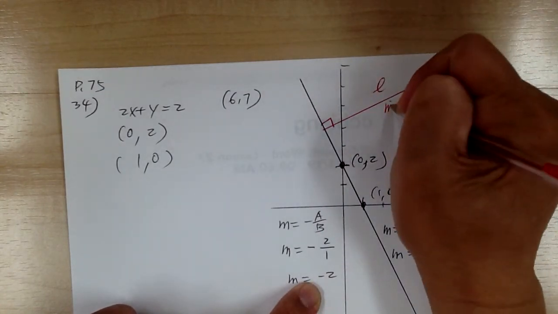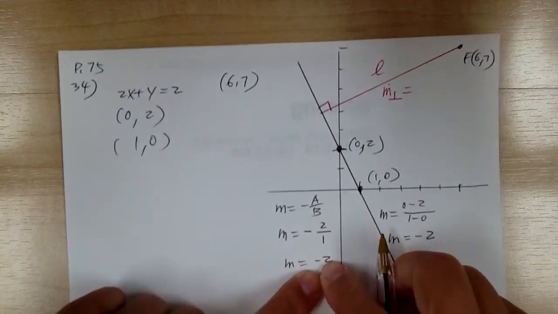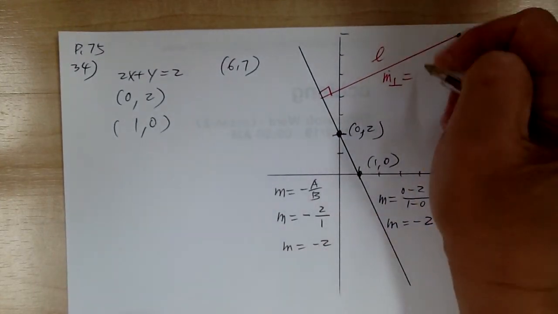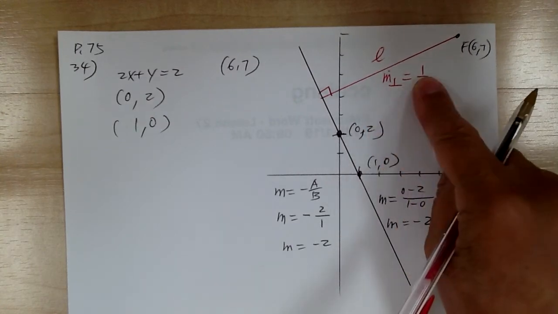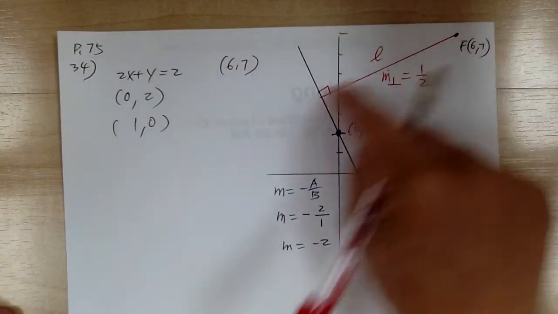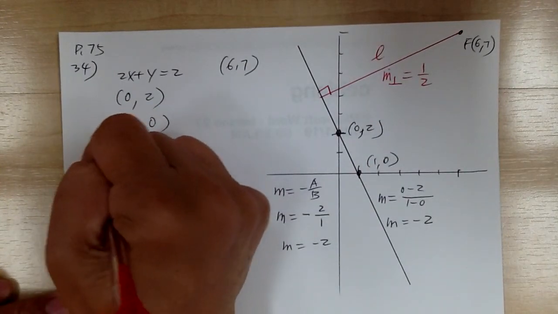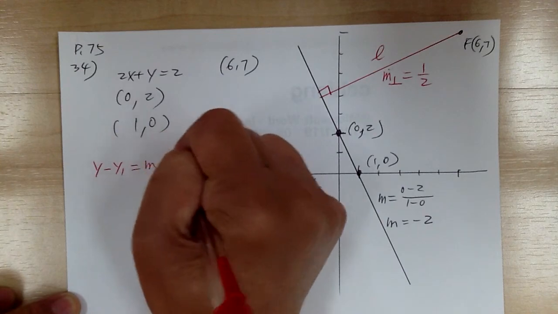So the slope of the perpendicular is equal to the negative reciprocal of that, right? So it becomes 1/2. Once you know that the slope is 1/2 and the point is over here, you can use the point-slope form to find this equation. So you have y minus y1 equals m times x minus x1.